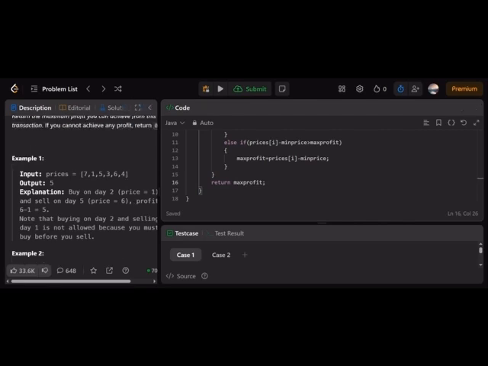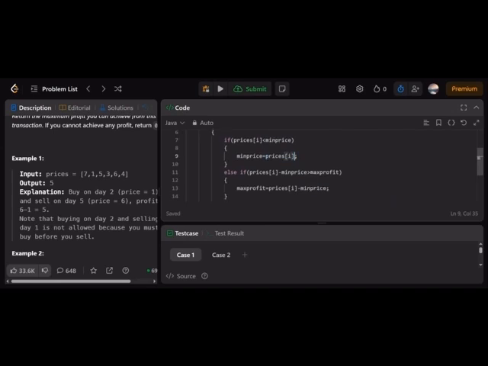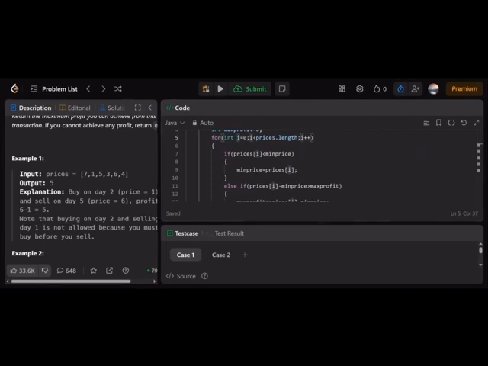So when it comes to 1, it will check if the min price, which is currently 7, is greater than 1, and 1 is lesser, so the min price is updated with 1. Then the for loop moves again, it does i plus plus, and again it comes to 5.